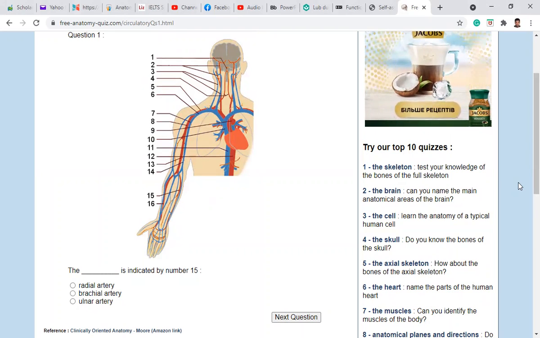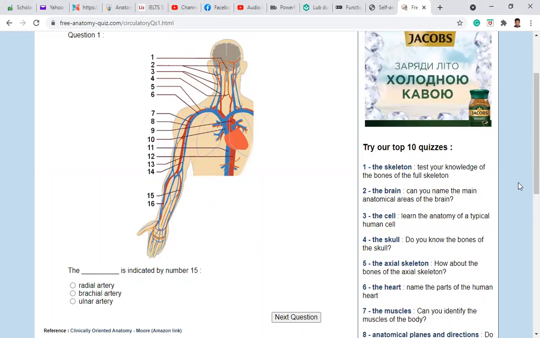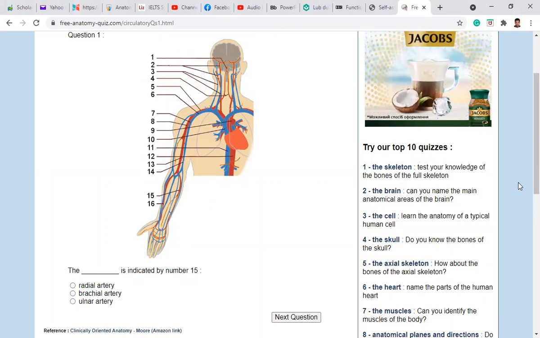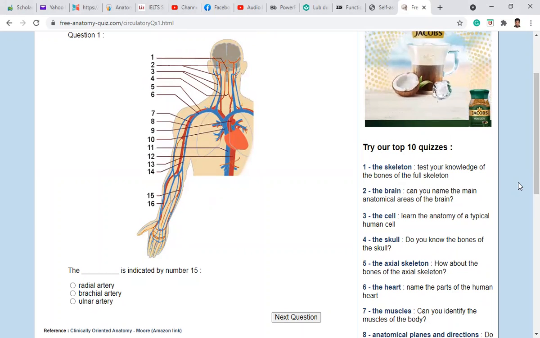Now we're going to try to answer these questions. It seems as if this diagram is okay, let's try and use it, because it seems like it's showing the posterior part.